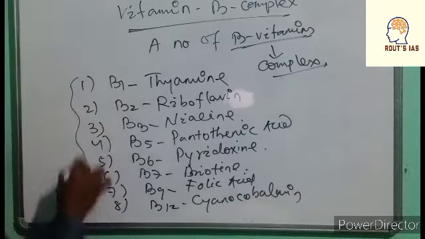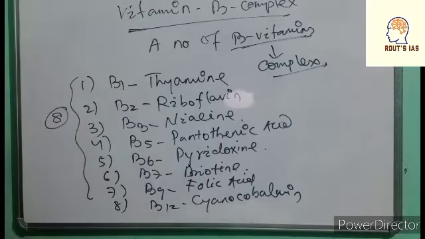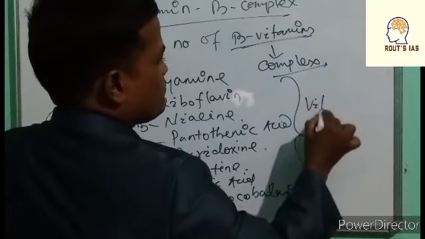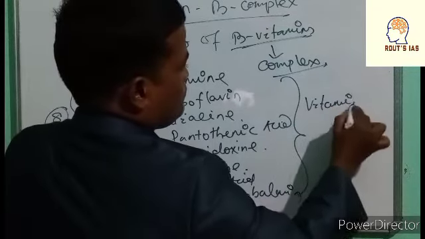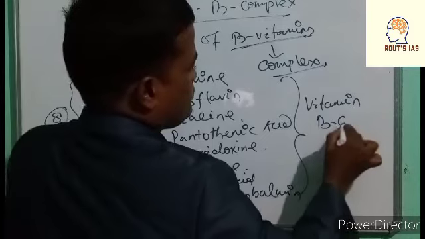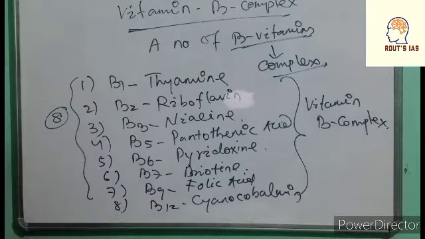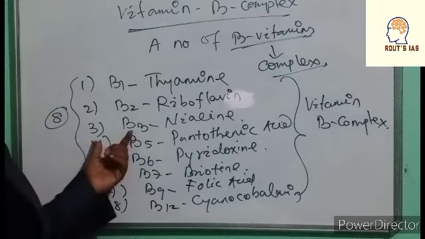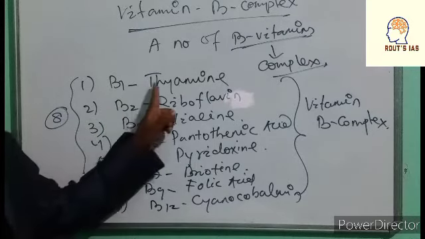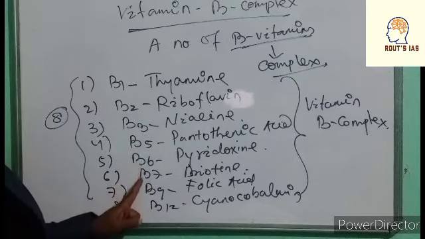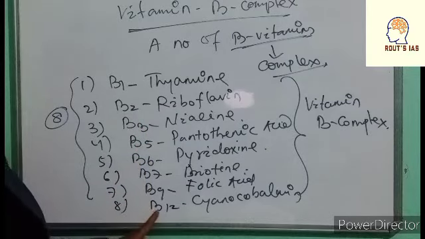So these are the 8 vitamins that make the vitamin B complex. Vitamin B1, B2, B3, B5, B6, B7, B9, B12.